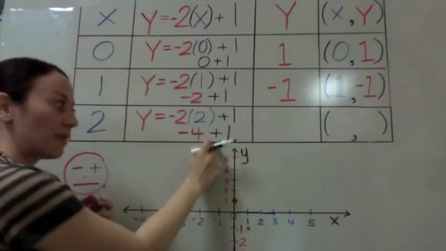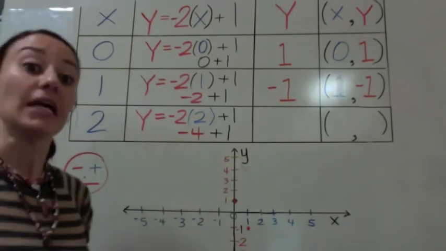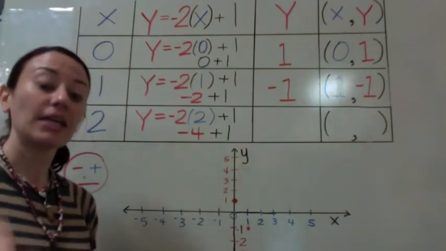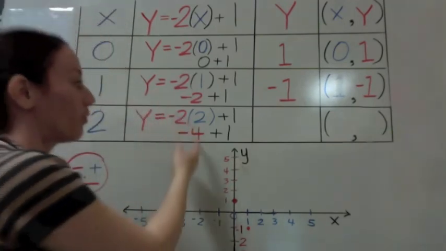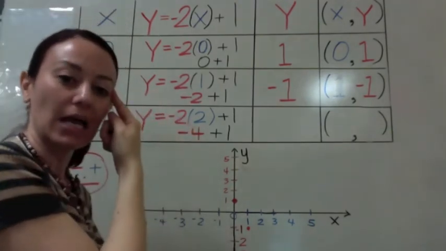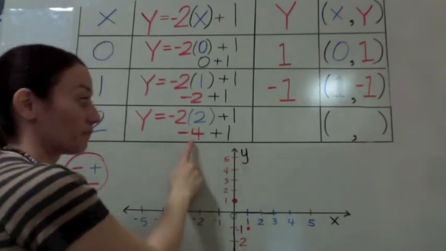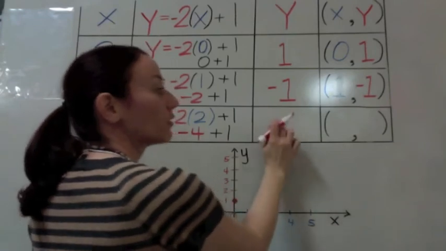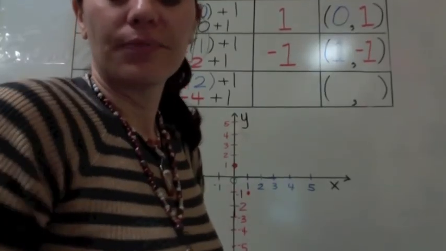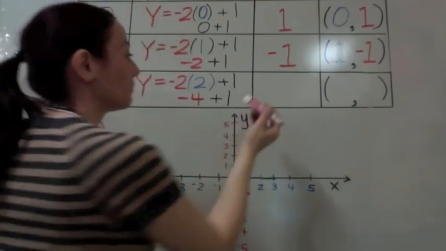A -4 and a +1? What should you say? Different signs, subtract. Keep the sign of the higher number, then you'll be exact. So I'm doing 4 minus 1 in my head. And then the bigger number is 4. So if I put that in a calculator, what goes here? It's -3. Very good, -3.